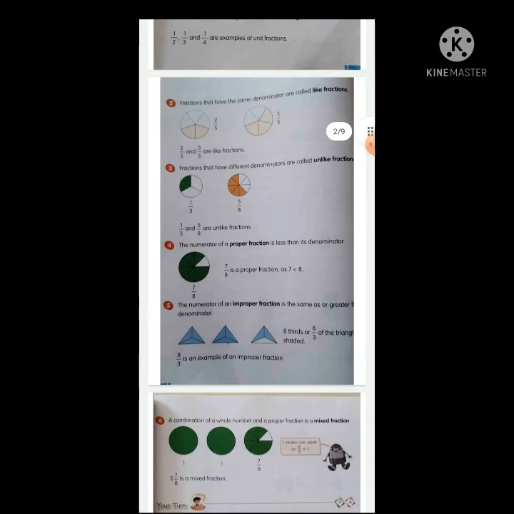And what is an improper fraction? If the numerator of a fraction is the same as or greater than the denominator, then it is known as an improper fraction. And the last one is the mixed fraction. A combination of a whole number and a proper fraction is a mixed fraction.